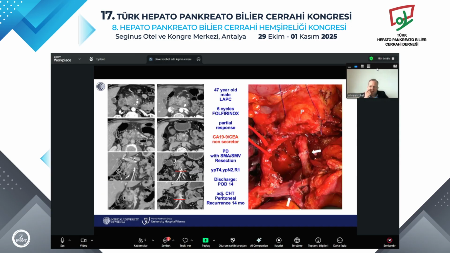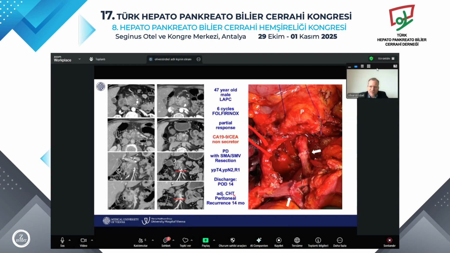And I tried a divestment, it began to bleed, and then I switched to SMA resection and SMV resection. And the problem was that this guy was discharged without morbidity, but developed early peritoneal recurrence.